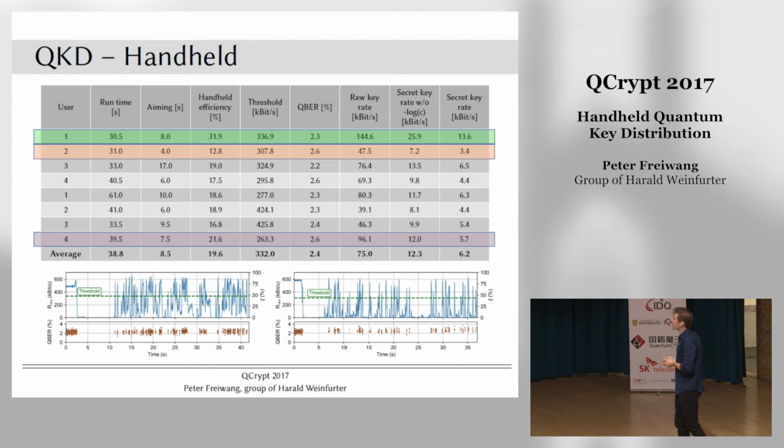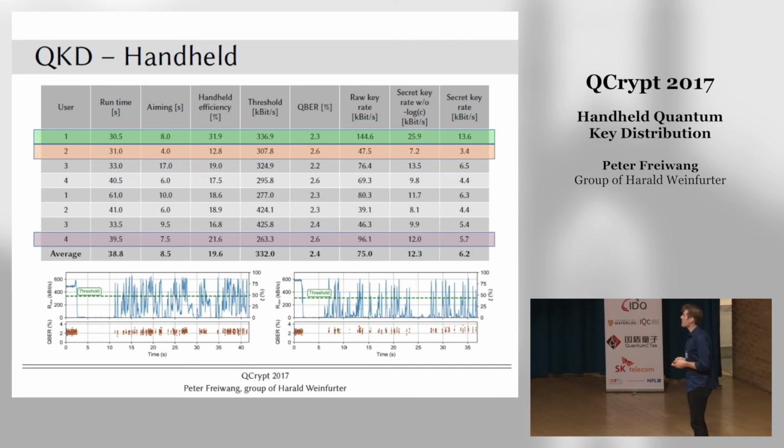And in average, we get a handheld efficiency of around 20%, in maximum 30%, a QBER of 2.4%, and an average secret key rate, including this quality factor, of 6.2 kilobits per second.